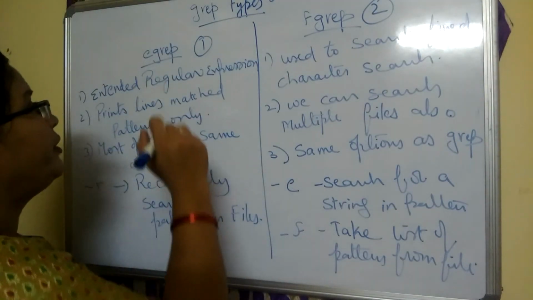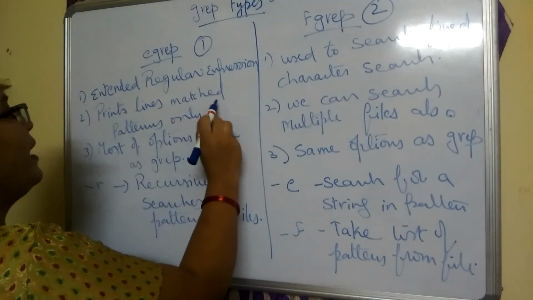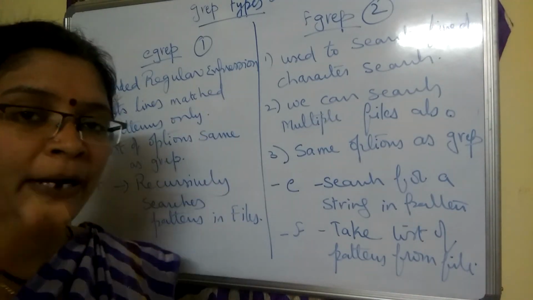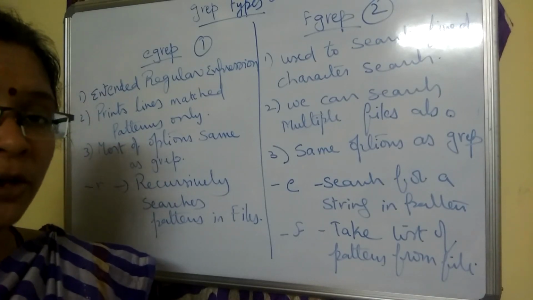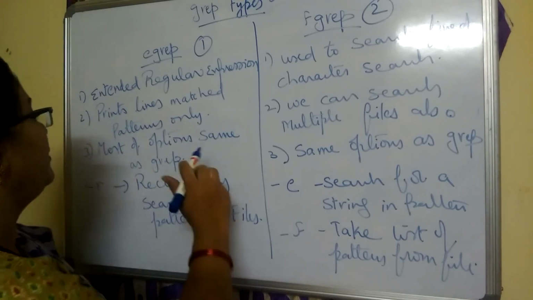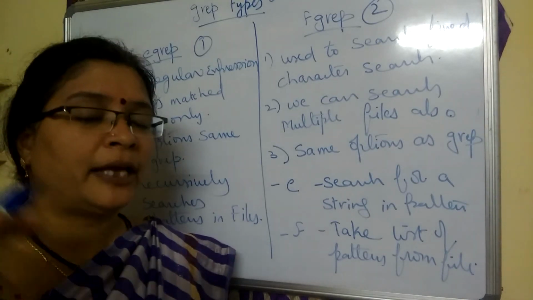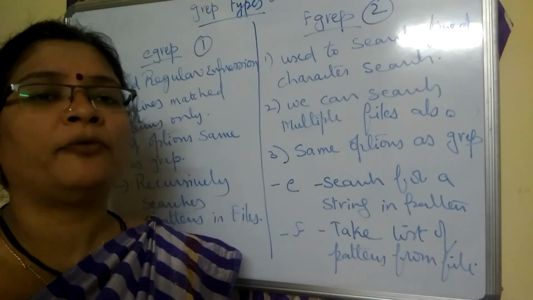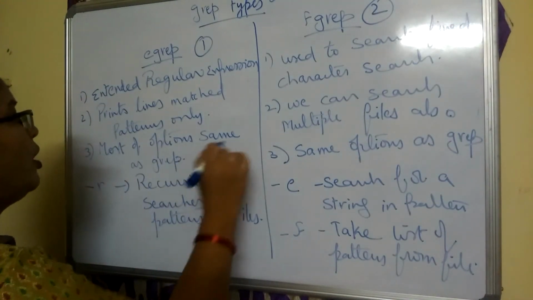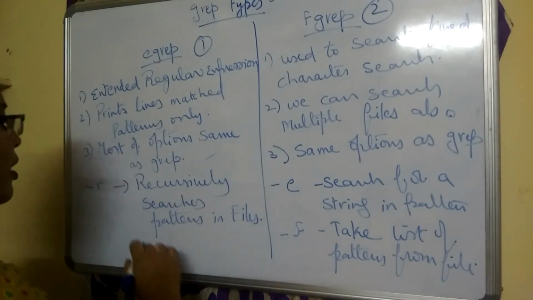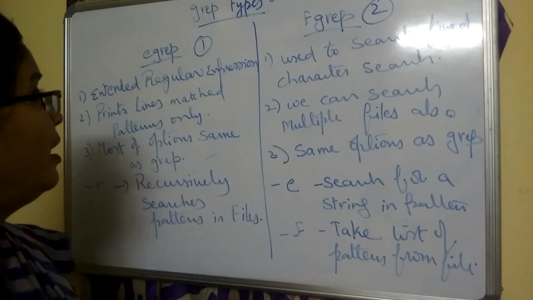Now, what are the things relevant to egrep? Extended regular expression grep prints only the lines where the matched pattern appears. Most of the options are the same as the grep command, except that only some options are given for egrep. Most options are the same as grep, and -r is the one option used to recursively search the patterns in the files for extended grep.